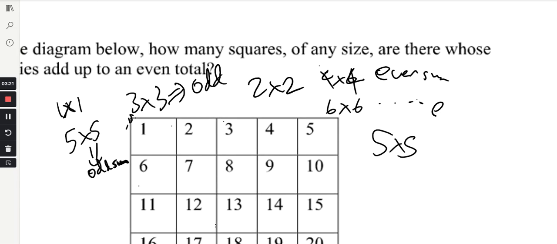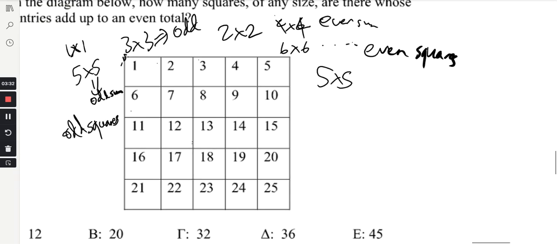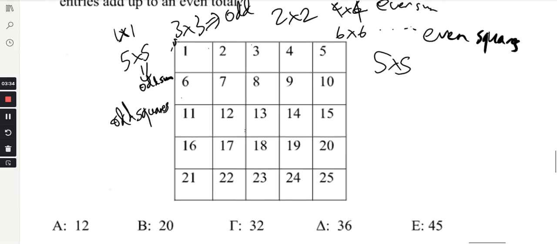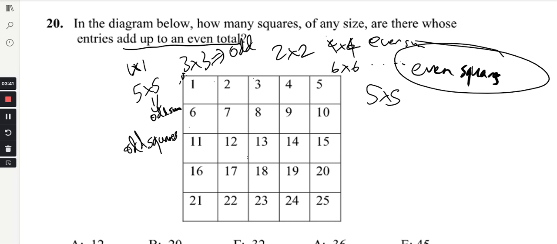We can refer to these as the even squares and these as the odd squares. And so I explained to you what this trick is of the odd squares and the even squares, and when it says add up to an even total, we must know that we're talking about even squares.